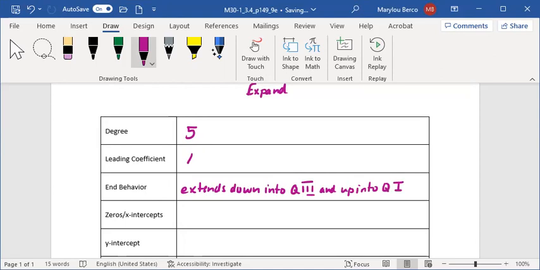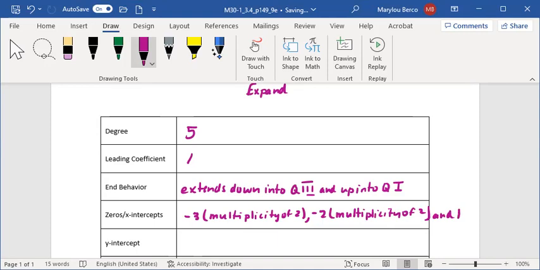The zeros are -3 with a multiplicity of 2, -2 with a multiplicity of 2, and 1.